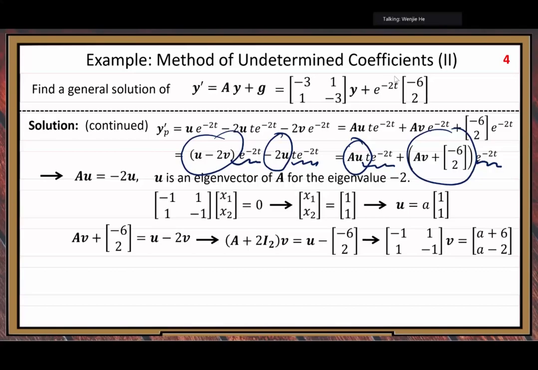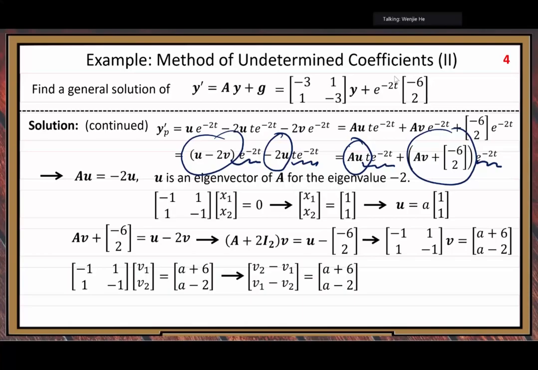So after this understanding, let's write this whole equation explicitly. Let's multiply them out. Very simple. After that, what's the obvious property from the left-hand side?